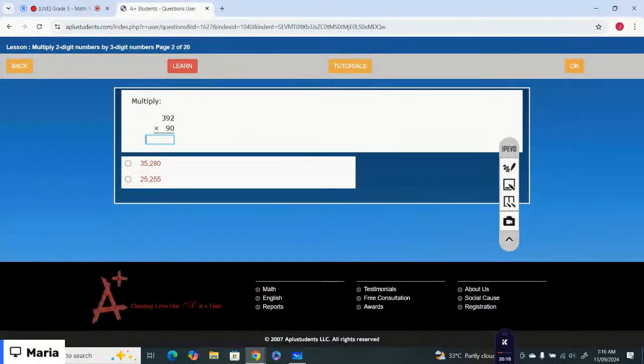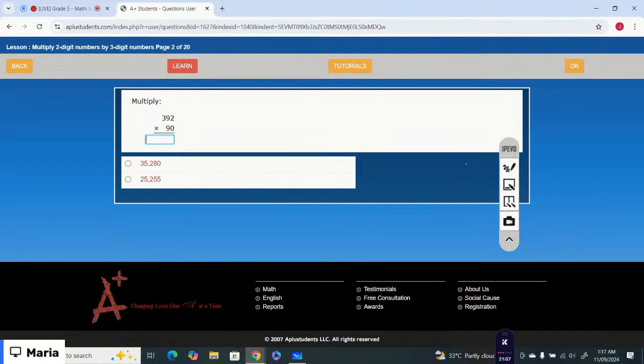So which option is the correct one? 392 times 90 equals... You need to multiply the non-zero values, right?